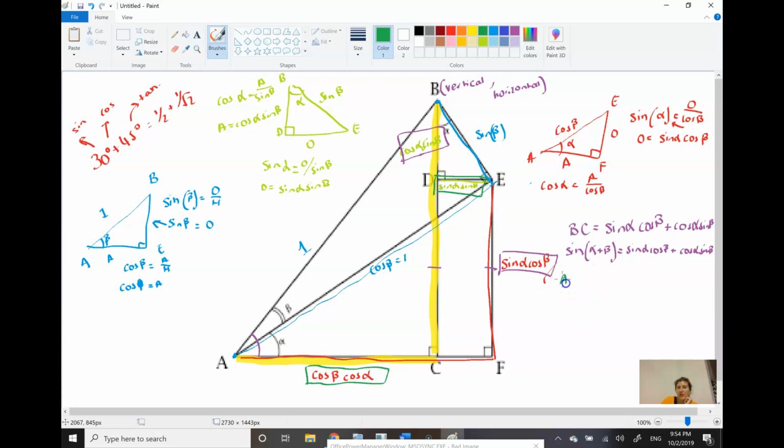Okay, so we can say that A to C is going to be that whole big line of A to F, which is cos beta cos alpha, minus that little one of sine alpha sine beta. Excellent. And again, we can write that as cos of alpha plus beta equals cos beta cos alpha minus sine alpha sine beta.